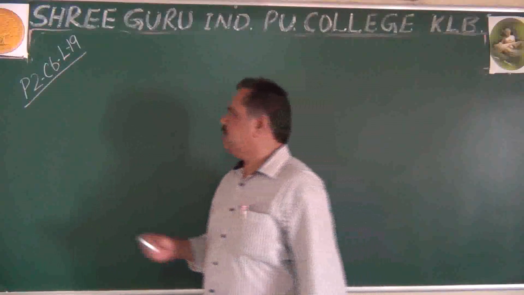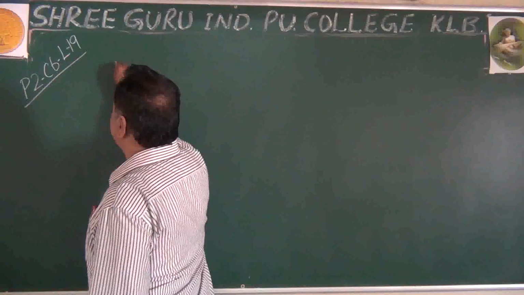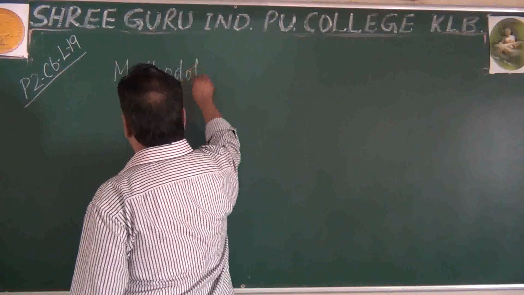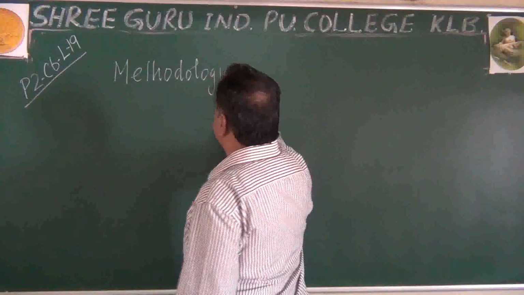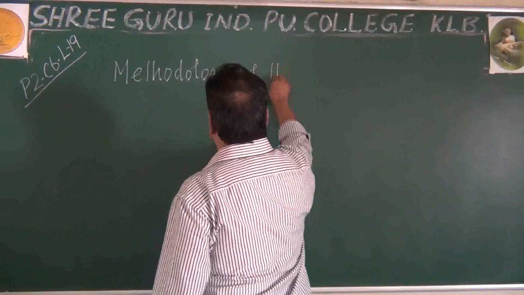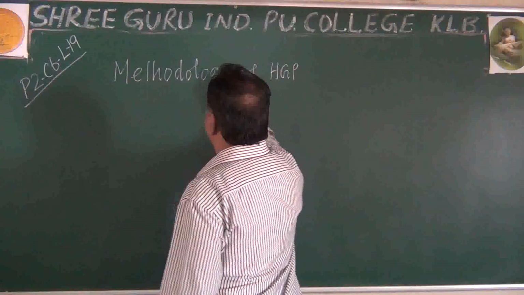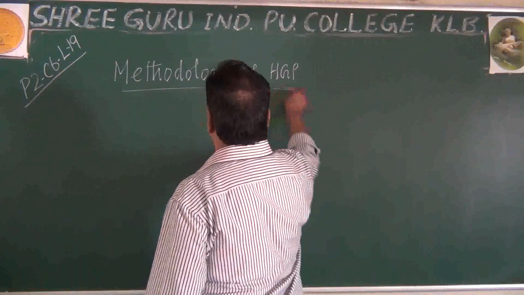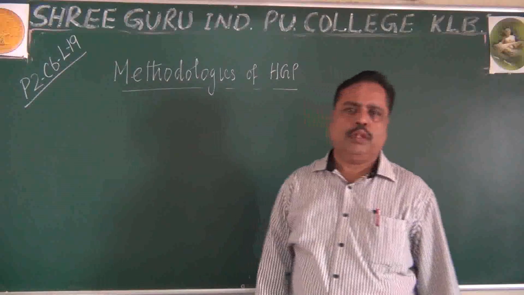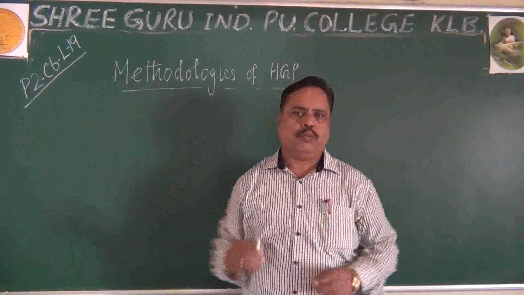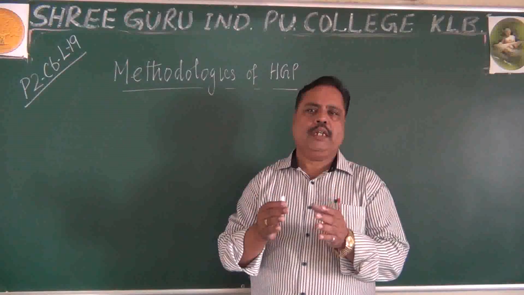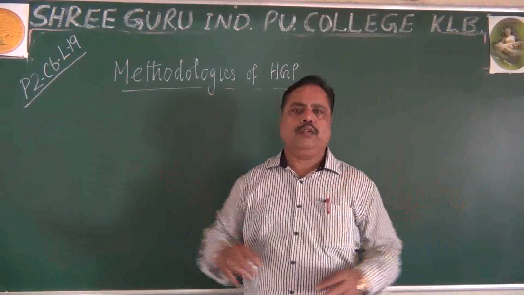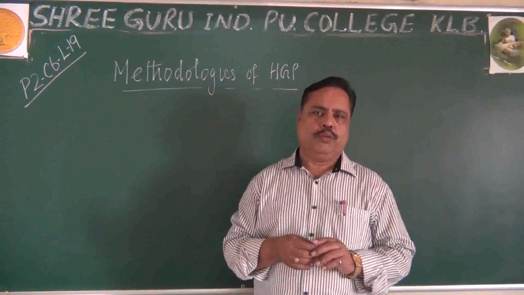In the previous lecture, I was telling you about the methodologies employed in Human Genome Project. Methodologies of HGP, I have to tell you here. In the previous class, I told you some points related to this methodology also. What is the procedure, what steps are taken by the scientists for sequencing the nucleotides of the human genome?